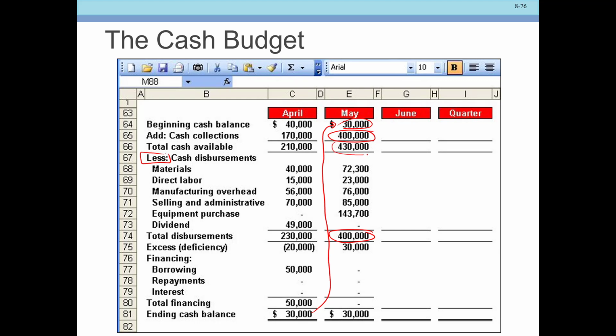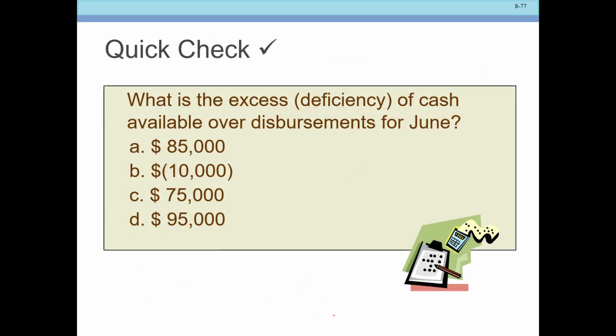I have an expected cash in of 430, cash out of 400, so I have an excess of 30,000. Shall I think to repay what I have borrowed before? No, because you don't have enough cash. This 30,000 is almost enough for the minimum cash balance, so nothing to be done here.